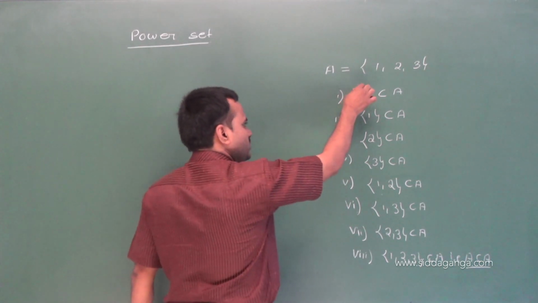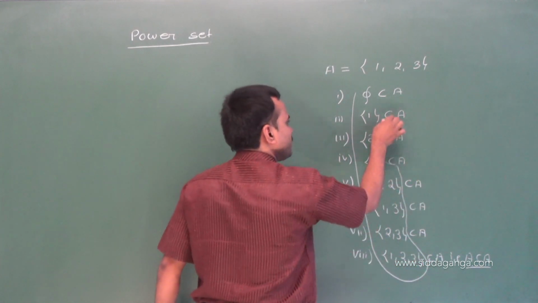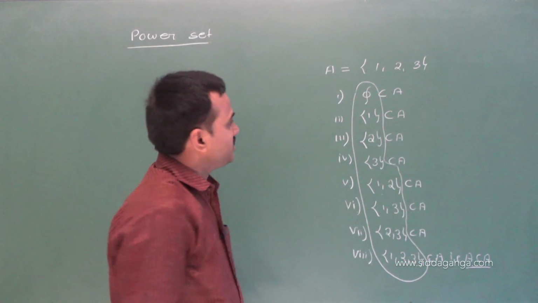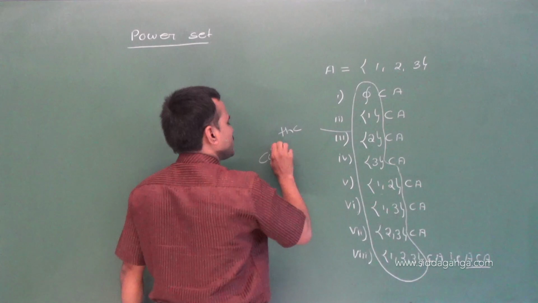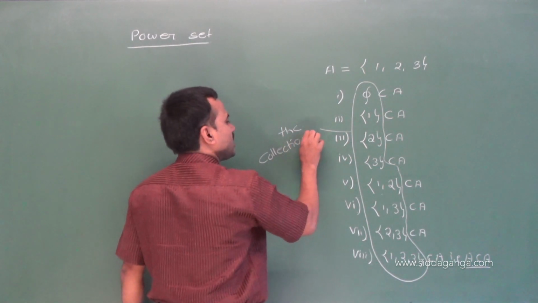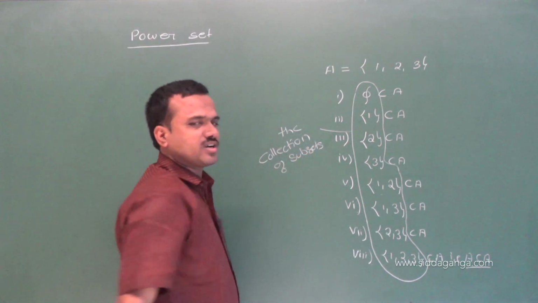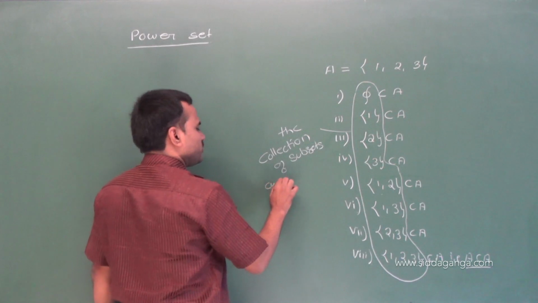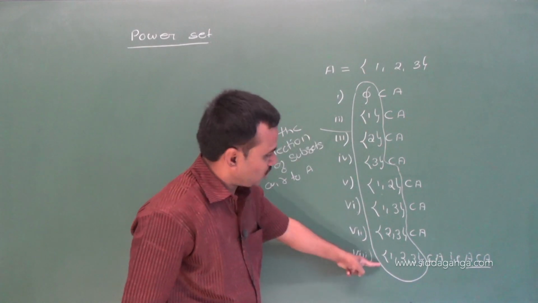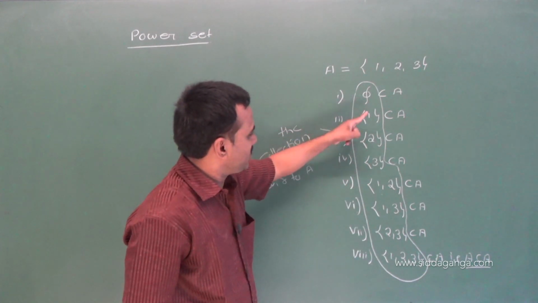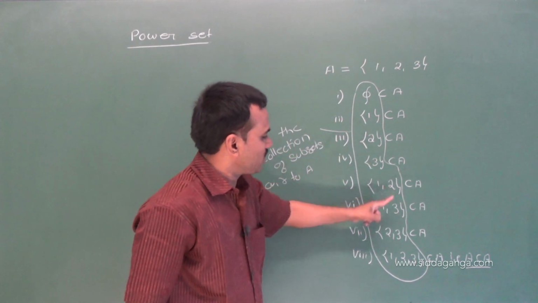See, observe here. These are all the collection of subsets with respect to A. What we write: the empty set, the sets containing only one element, 1, 2, 3, then {1, 2}, {1, 3}.